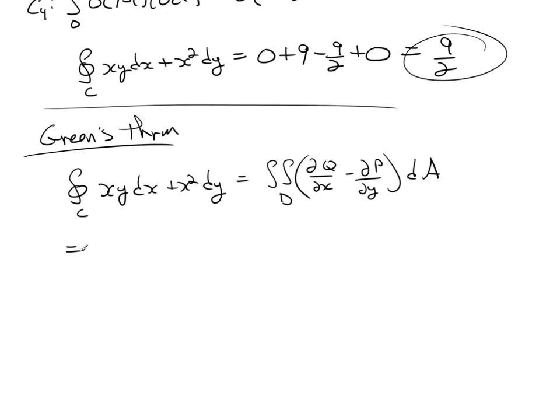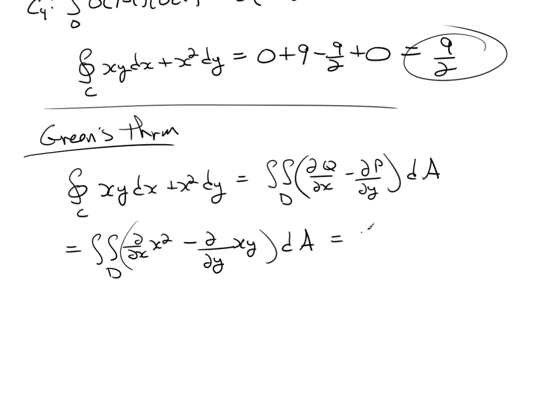And that's going to give me the double integral over this region D of the partial with respect to x of Q, which is x squared, minus the partial with respect to y of P, which was xy, dA.